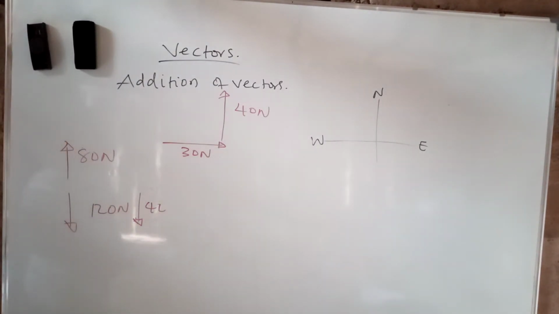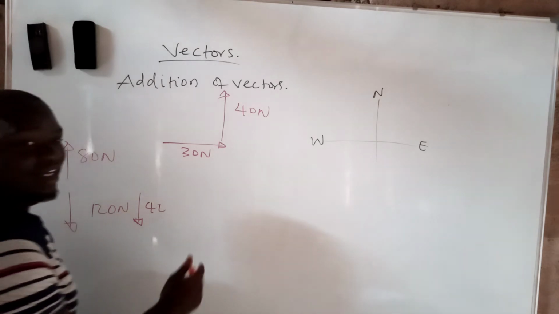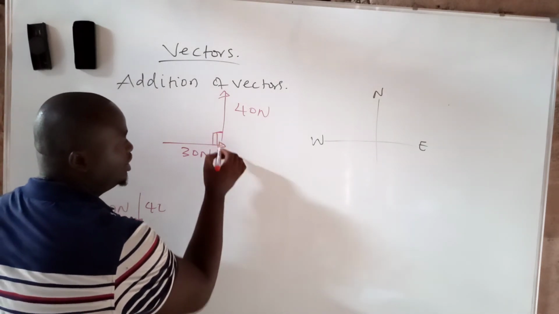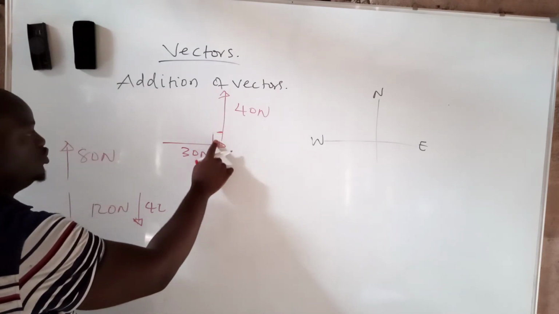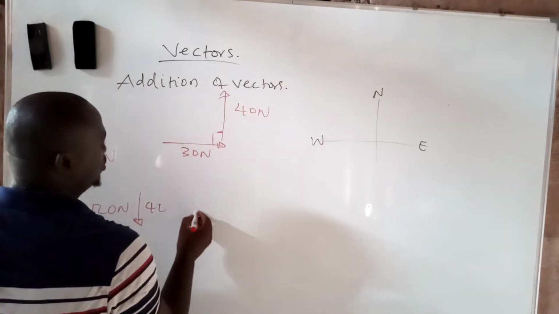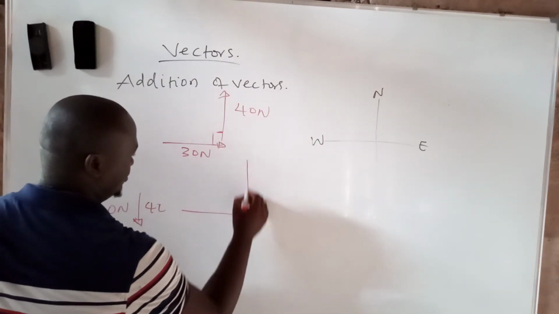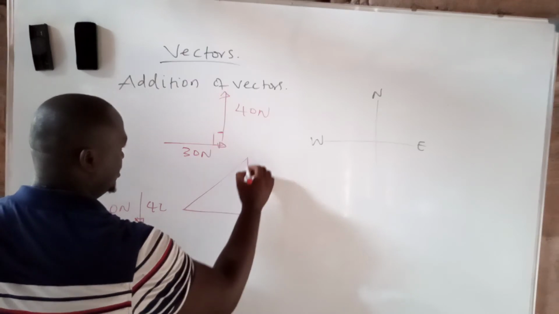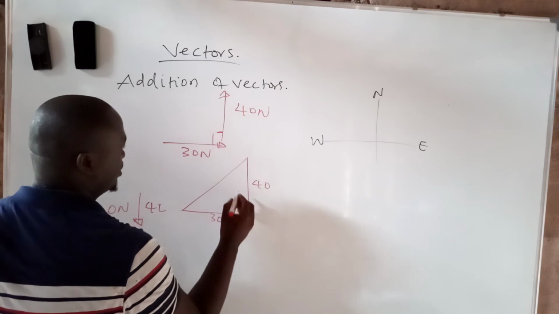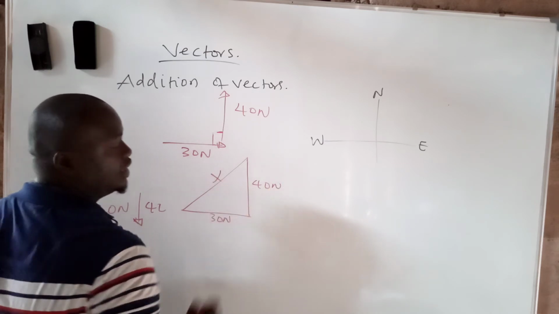You can now see that this makes an angle of 90 degrees. That means it's perpendicular. And if it's perpendicular to each other, we can now form a triangle, is it not? So this should be like this. This is 30 Newton, this is 40 Newton, and we want you to calculate here.